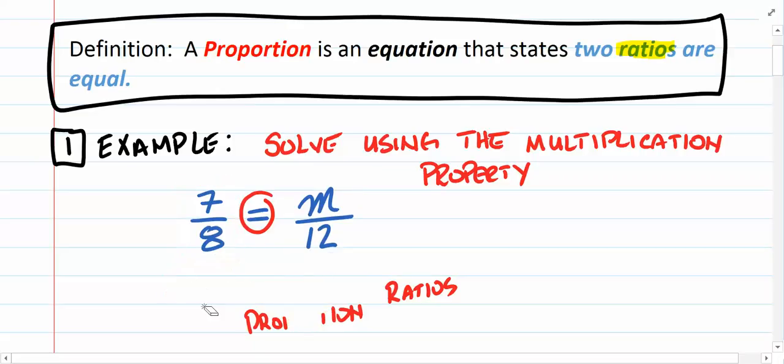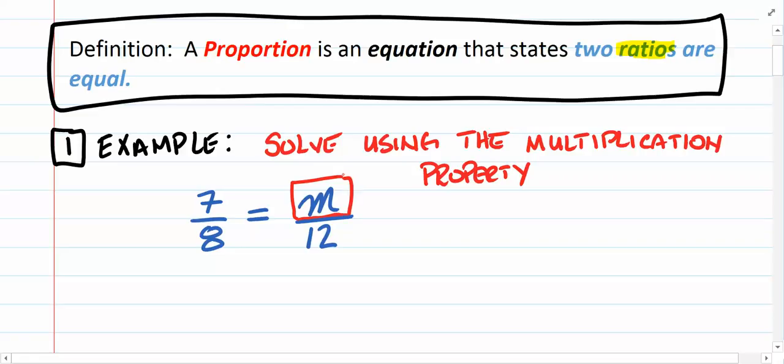So I'm going to erase all of this so we can actually solve this. It says to solve using the multiplication property. The variable that I'm trying to solve for is m. In order to get m by itself, I take note of the fact that right now m is being divided by 12. So I'm going to multiply both sides of my equation by 12 to cancel out the 12s on the right-hand side, because 12 divided by 12 is 1.